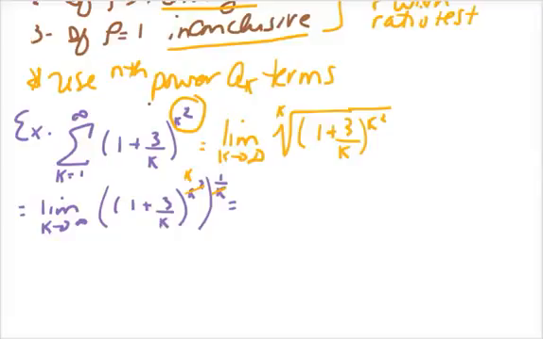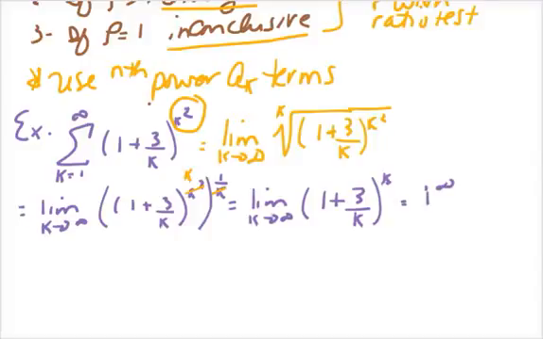And what we end up with is the limit as k goes to infinity of 1 plus 3 over k to the k. When you substitute in infinity, you notice that you've got something in the form of 1 to the infinity, which is an indeterminate form.